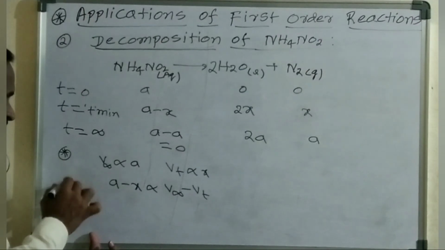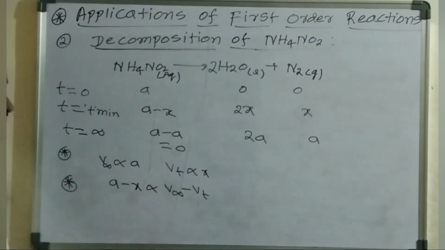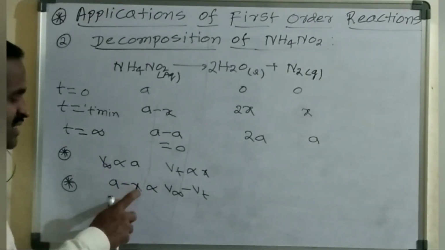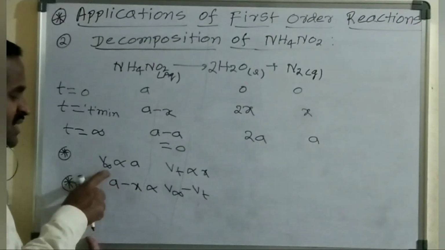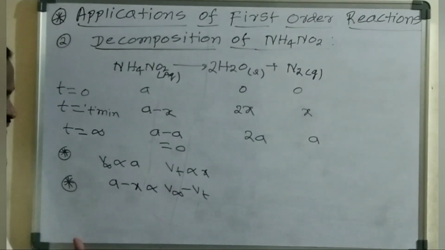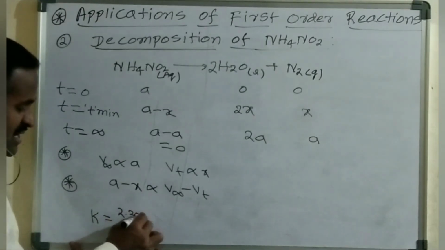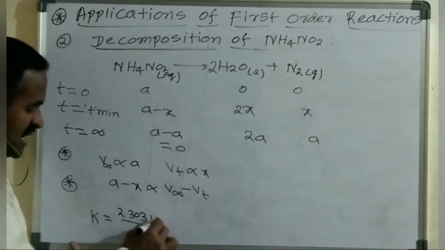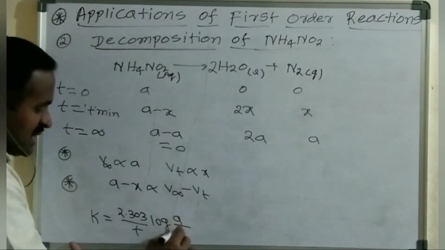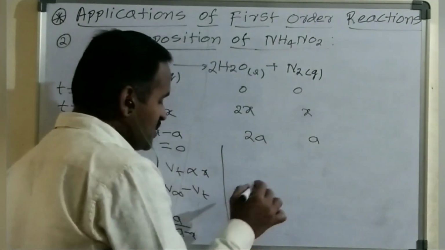In the first order rate constant, we have a by a minus x. We can write a as V infinity, and a minus x as V infinity minus Vt. So the rate constant k equals 2.303 divided by t times log a by a minus x, which in terms of the volume of nitrogen becomes k equals 2.303 by t log V infinity divided by V infinity minus Vt.